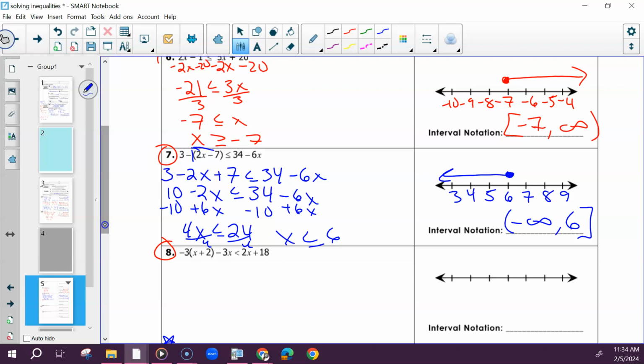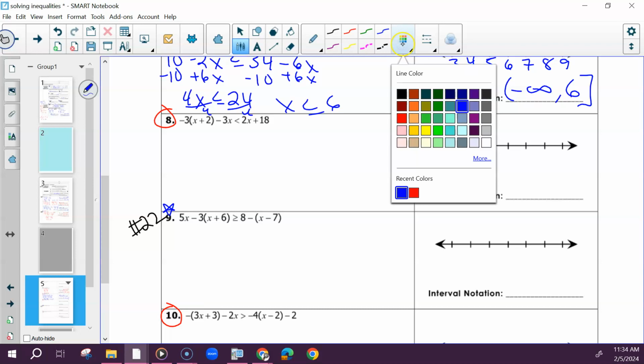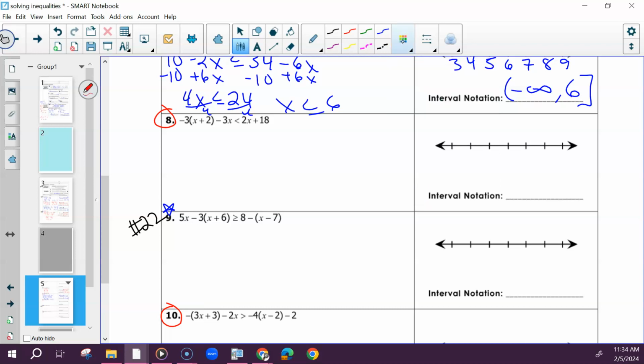Okay, let's do number 8. Alright, distribute, combine like terms. Be careful, these would not cancel, just become a negative.